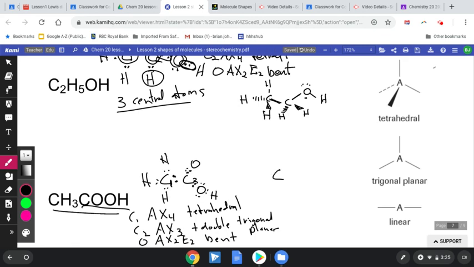Okay, C, we'll make our V. And we'll put a hydrogen going into the page, a hydrogen coming out of the page. And then we've got bonded to our second carbon, which is a trigonal planar. 3 bonds equal angles.